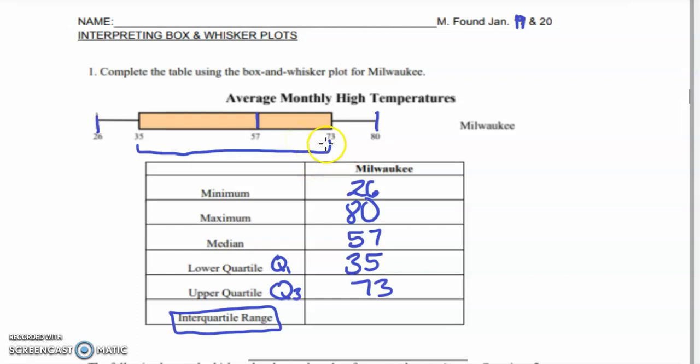Okay, so here we take 73, we subtract 35, and we get 38. So that's our interquartile range. Okay, so looking at the box plot, taking the information off and putting it into the table, kind of the opposite of what we've been doing, is actually pretty straightforward.